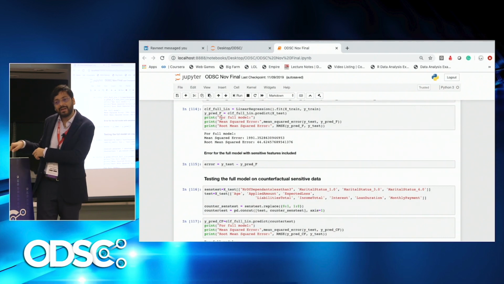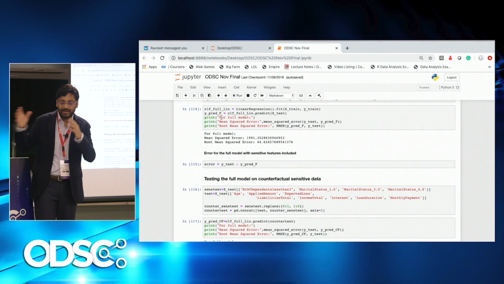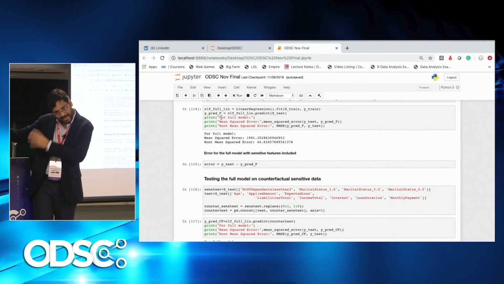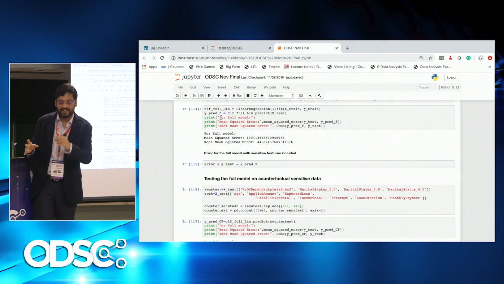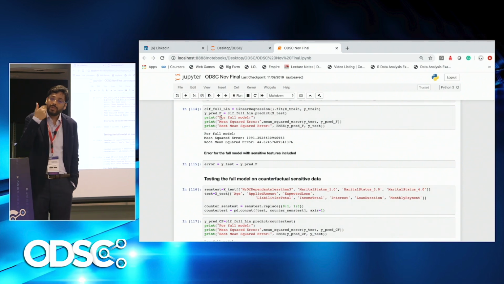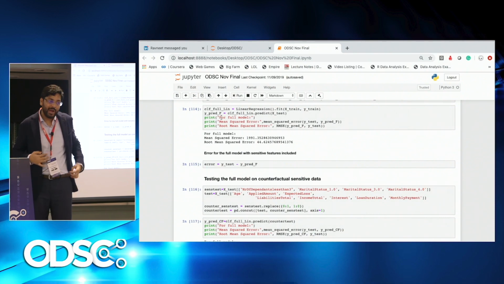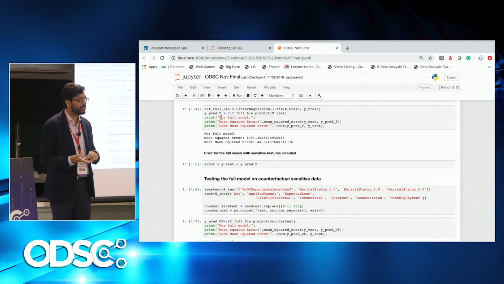Similar thing I do with my ACF model. I take the ACF model using the as-is data, take out the residual, again take the ACF model with counterfactual data, take out the residual, and see the CUF value. Now I want to see which CUF is lesser. Now why do I want my CUF to be lesser? Anybody? What is the concept here? What's going on here?